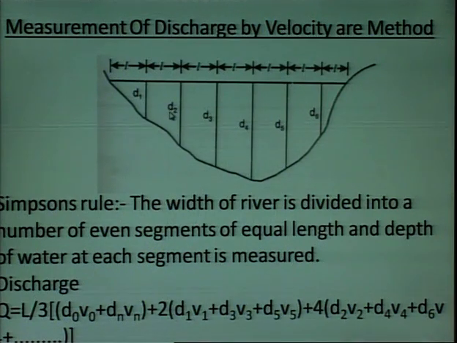We note its depth, the mean one, and multiply with the velocity, measured by any method, by current meter, pitot tube or floats. So the discharge is equal to first plus last, plus 2 times the odd plus 4 times the even, multiplied by L divided by 3.